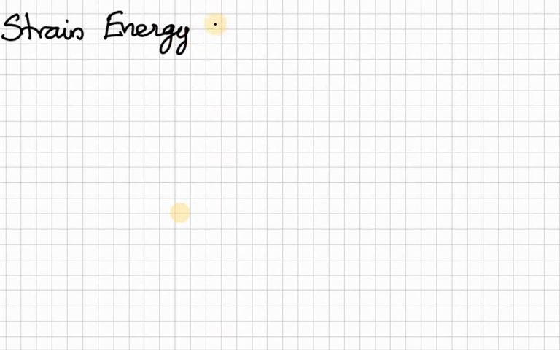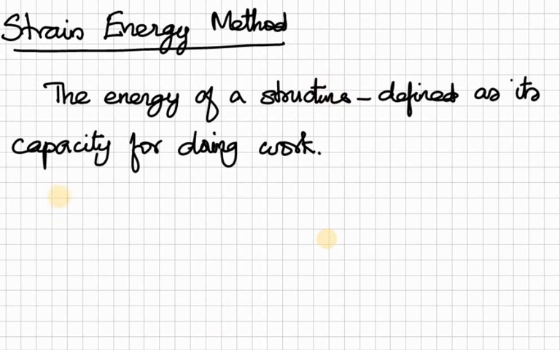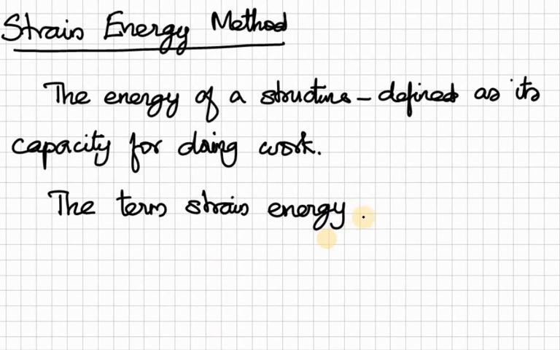Now we will study about strain energy method. The energy of a structure is actually defined as its capacity for doing some work. And the term strain energy is attributed to the energy that a structure has because of its deformation.